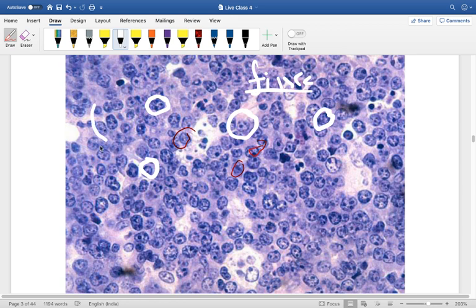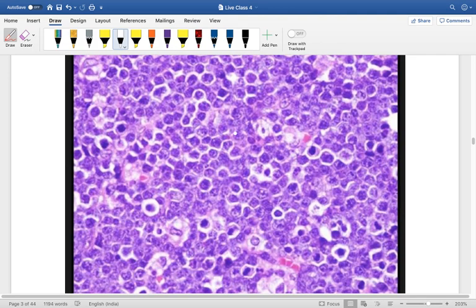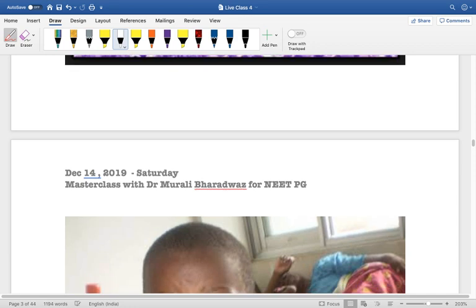Where you and your girlfriend, only four eyes are watching, only one same sky and same stars. Starry sky appearance is what you should remember. This is that starry sky appearance.